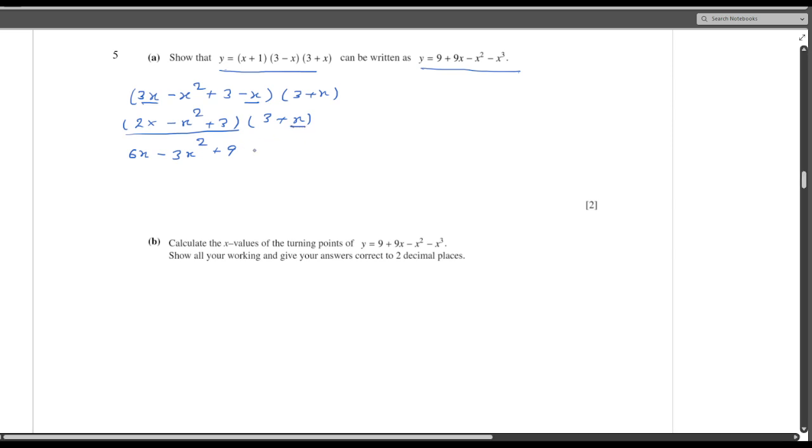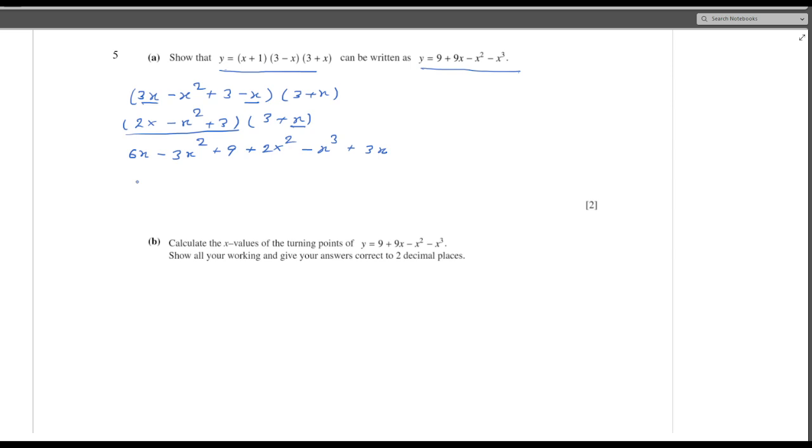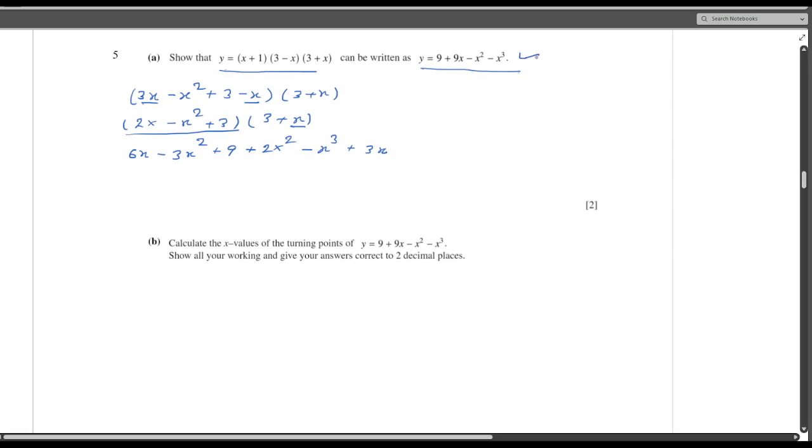Then x multiplied by 2x gives me 2x square. Then x multiplied by minus x square gives me minus x cube, and x multiplied by 3 gives you 3x. Here the constant is written first, so I write 9.